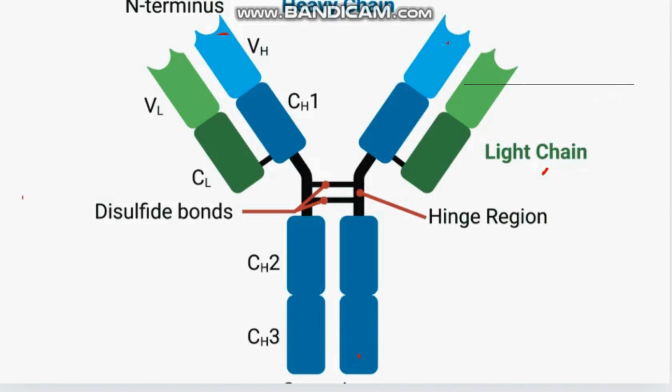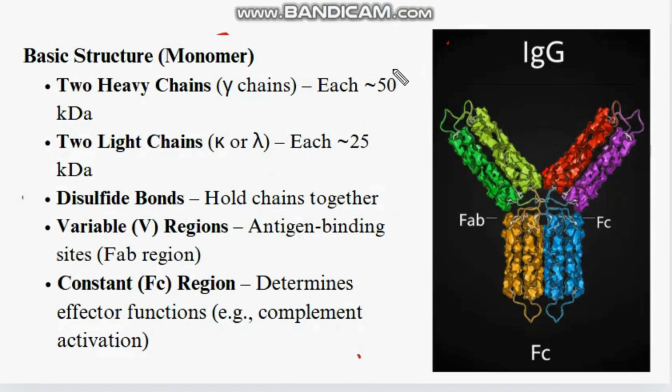Dissociation here means separation. So if the antibody has a higher dissociation value, that is KDa value, it has very little affinity towards the antigen. And if it has a lower KDa, it has more affinity towards the antigen, and it has strong antigen binding capacity.